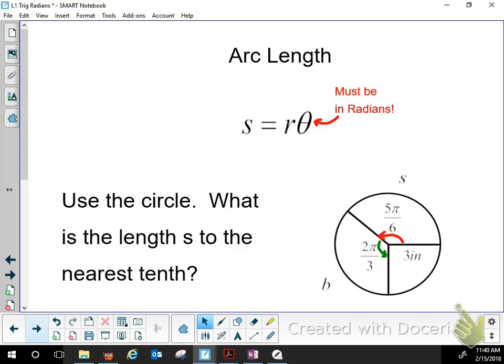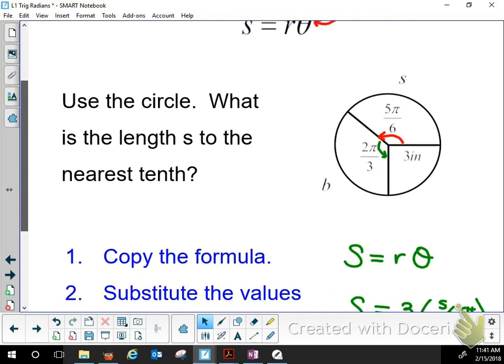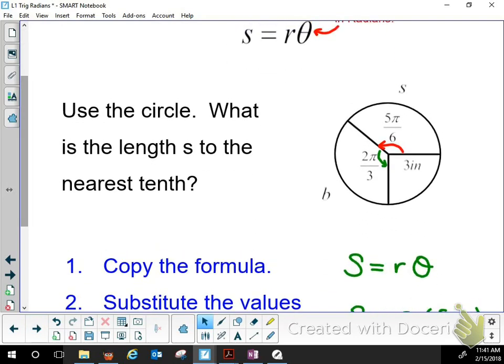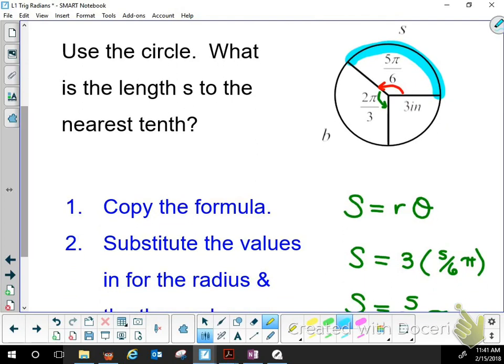We've got a problem here, and we are going to find the arc length of S. What it's asking us for is this arc length right here. So S equals R theta. What is the radius of this circle? 3 inches. You see right there, it tells me that 3 inches is my radius.